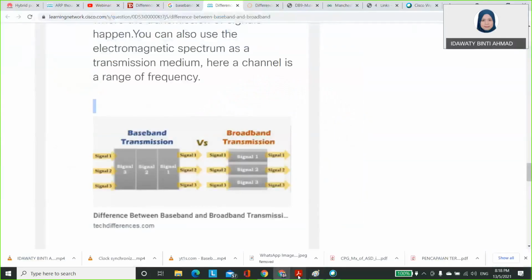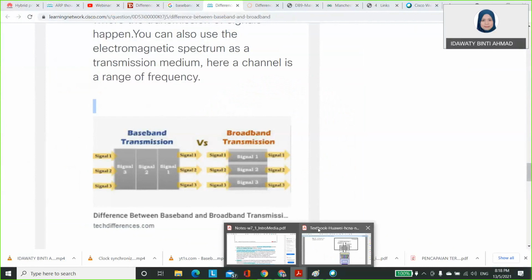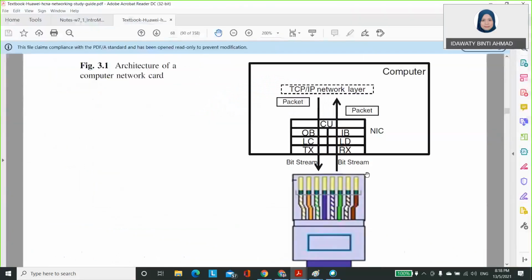Before I go further, I also want to share with you, I guess I already shared this one. I just want to remind you of the whole process from packet to signal.